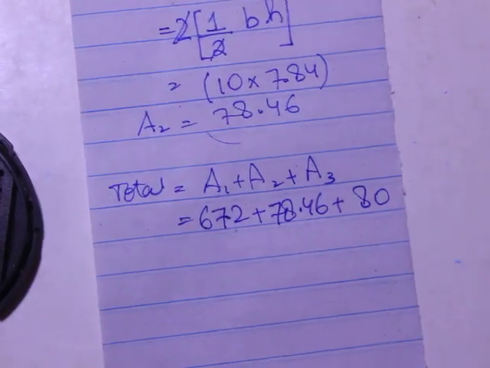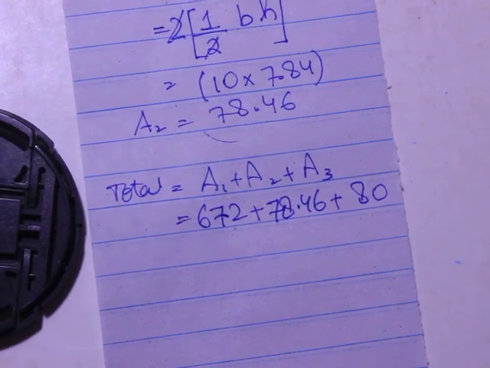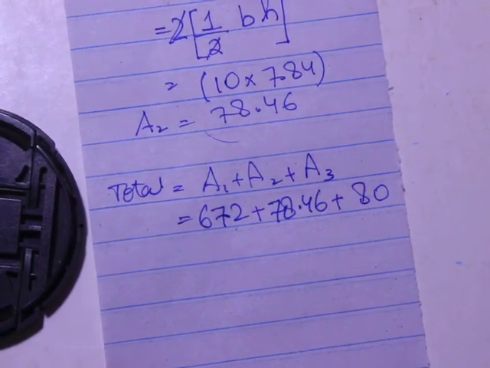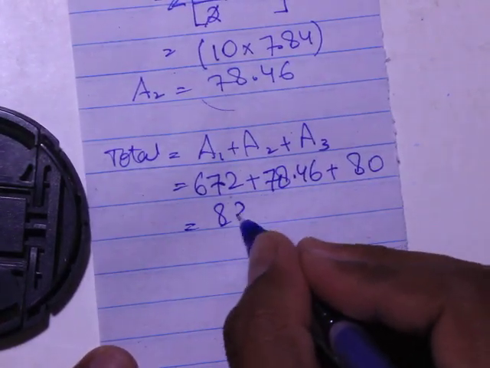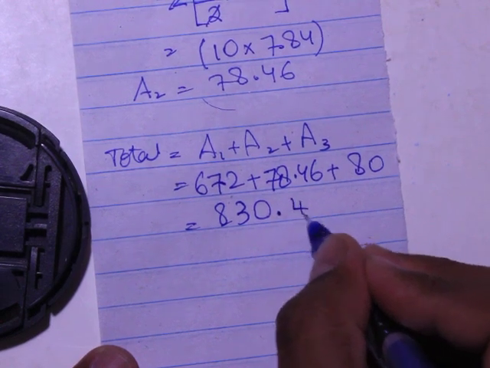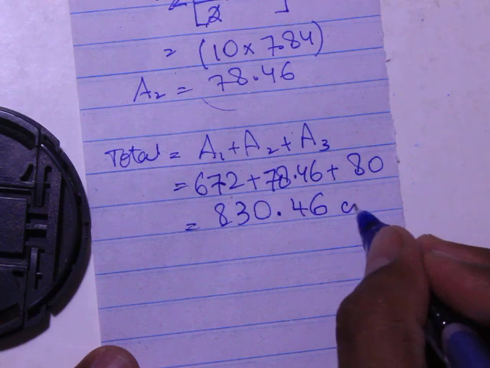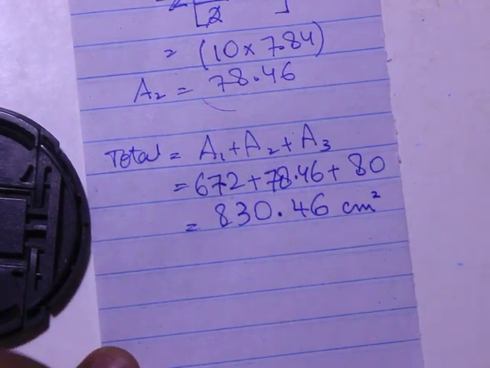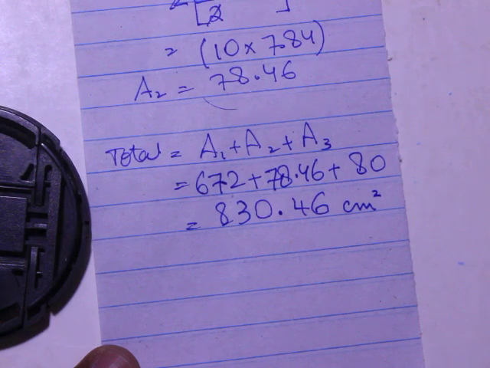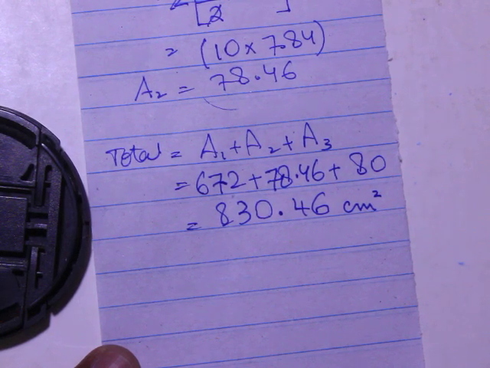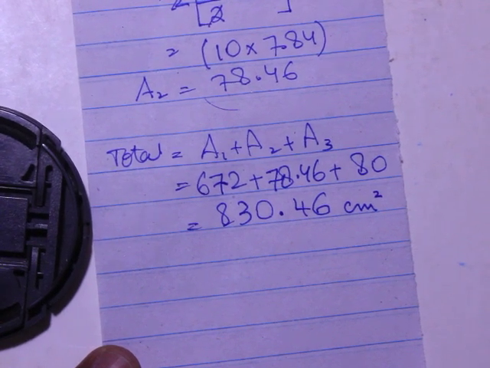In this manner we will find the total surface area of the shape. Sorry, this is 67.2, I'm so sorry. 67.2 plus 78.46 plus 80.